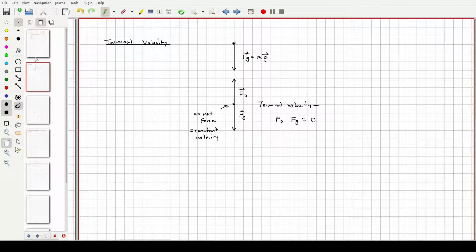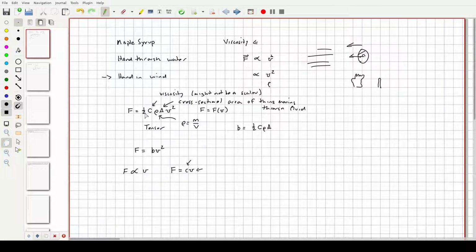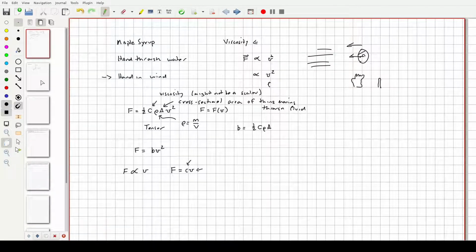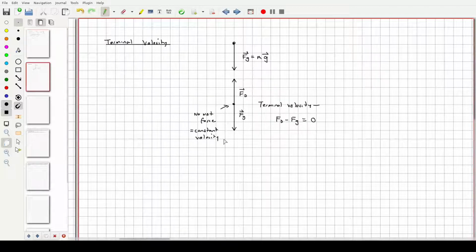Okay, so just to pick an example, you have this one right here, this form, which is the v squared one. You fall faster and faster, and eventually, let's just write the form of this drag force up here. Okay, eventually you hit the speed at which this force is exactly equal to the force due to gravity on your object.